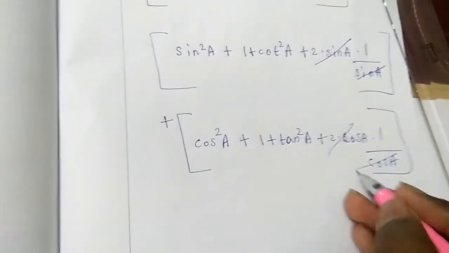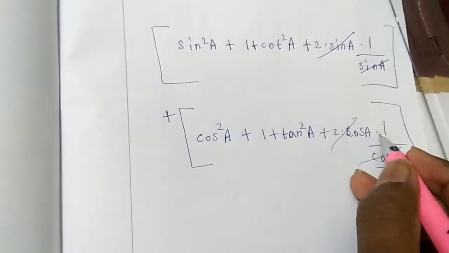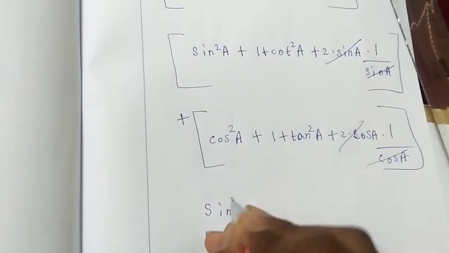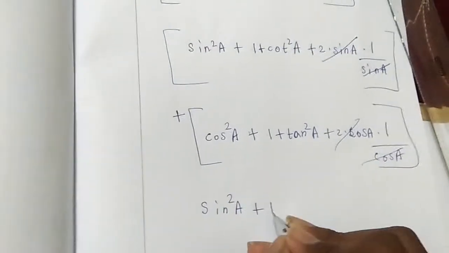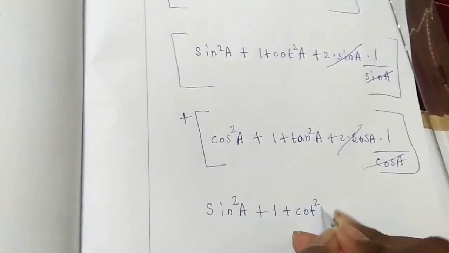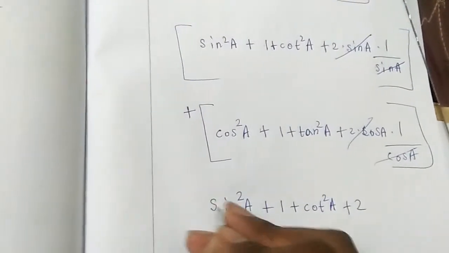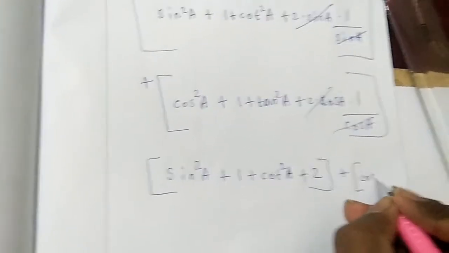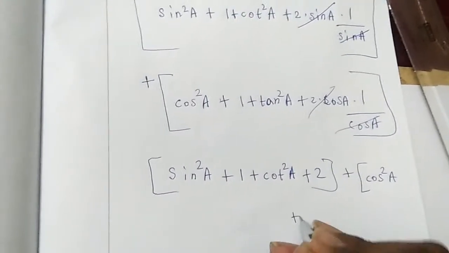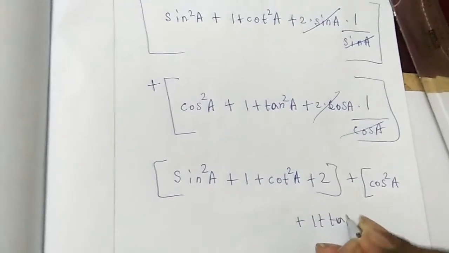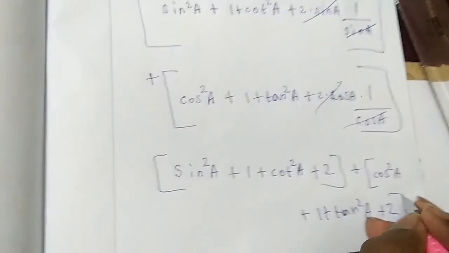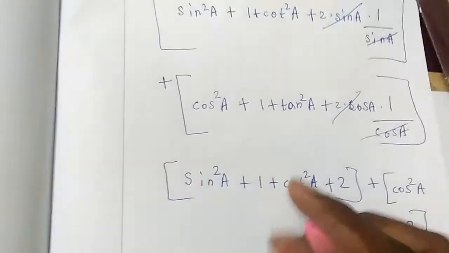Now it will be sin square a plus 1 plus cot square a plus 2, take this one as one term, plus cos square a plus 1 plus tan square a plus 2, take it as one term.